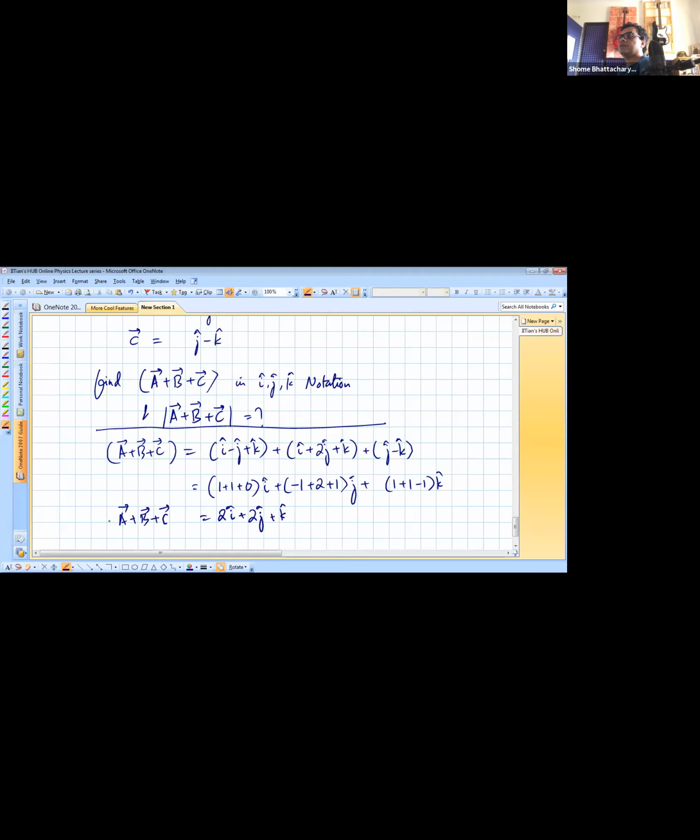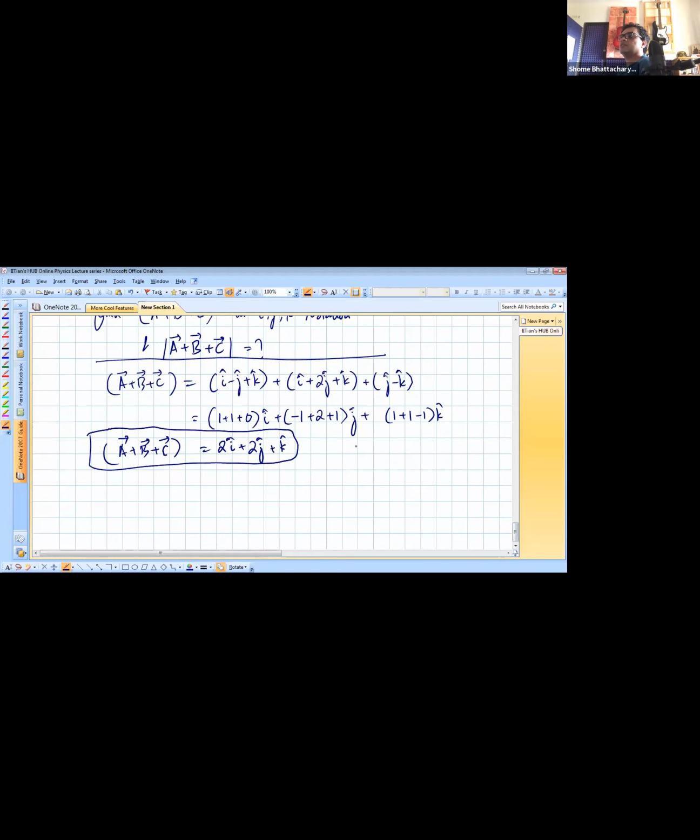In I cap, J cap, K cap notation, or in component notation. So its magnitude, remember, is square root of x square plus y square plus z square. So mod of this becomes square root of the x component square plus the y component square plus the z component square, which is 3.